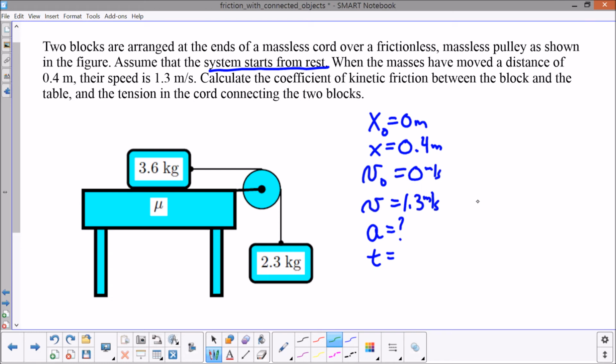So to do this, we're going to use the equation that relates velocity and position. The final velocity squared equals the initial velocity squared plus 2 times the acceleration times the displacement.